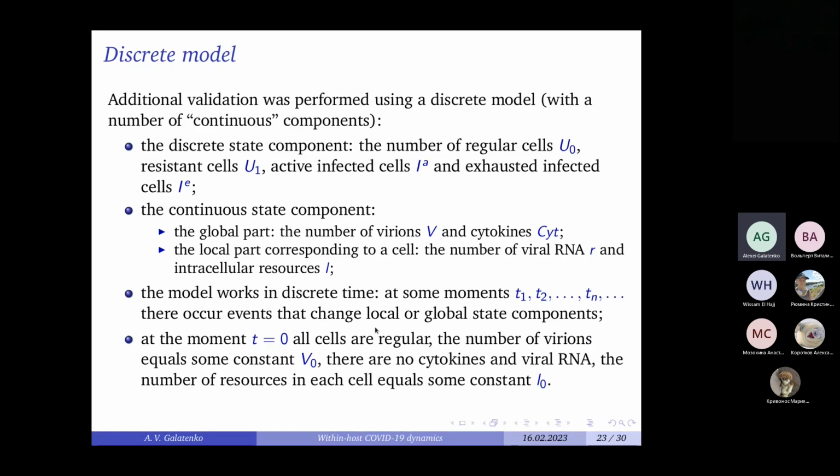The number of virions is equal to some constant v sub 0. There are no cytokines and no viral RNA, and the number of resources in each cell is equal to some predefined constant L sub 0. Well, the cell is full of lipids.